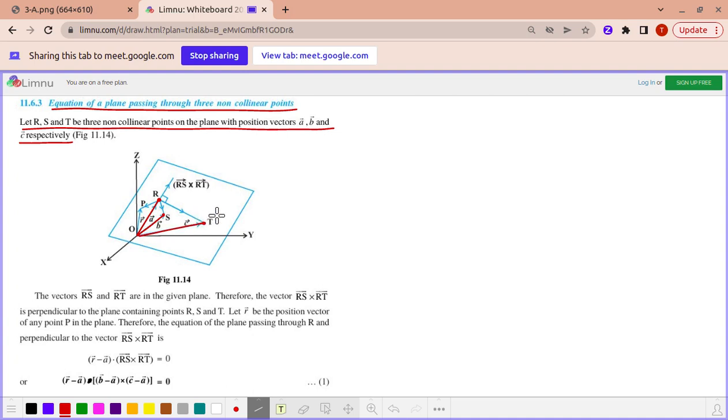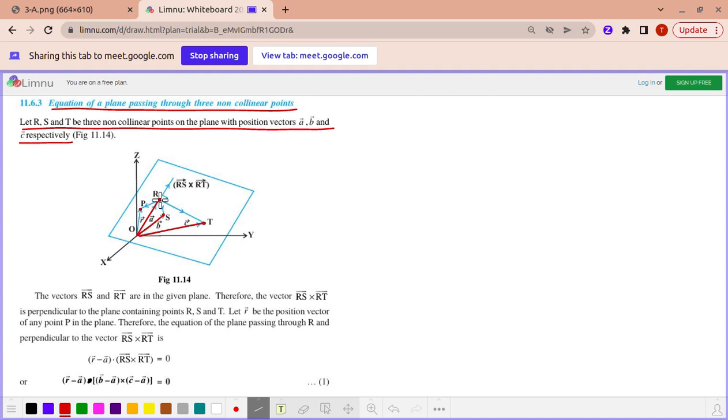Now this 3 information is given to us, that a vector, b vector, c vector, and we need to find the equation of the plane. So now, as usual, to find the equation of a plane, we will consider an arbitrary point on the plane. So let us consider an arbitrary point P on the plane having position vector r. Fine. Then one thing we can say is that R, S and T are given.